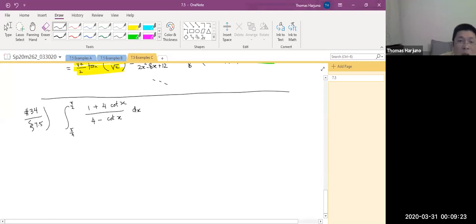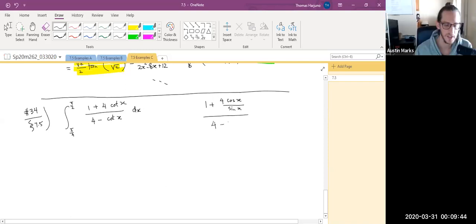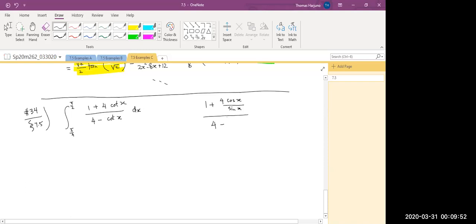I think what I will do is, I'm a bit scared of the cotangent thingy, so let me make it cosine over sine. That's not cotangent to the x power, is it? It's just regular cotangent x.